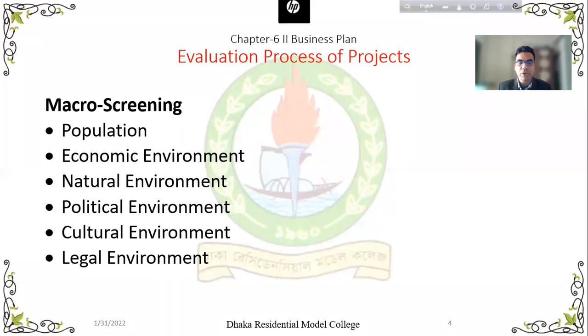The first one is population, Janasankha. Why will we screen population for your business plan?